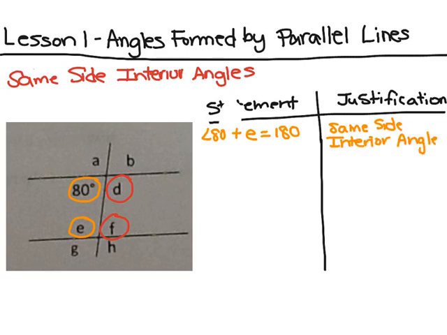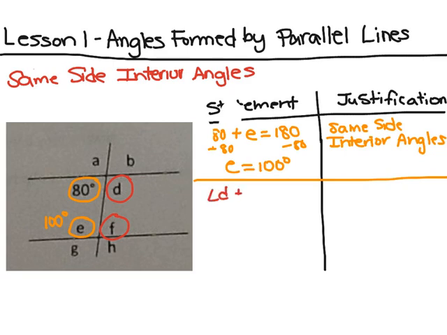So we're going to solve for E now. We subtract 80 from both sides. So E is equal to 100 degrees. We also know that angle D plus angle F is equal to 180 degrees because of same side interior angles. So that identifies all of our same side interior angles.